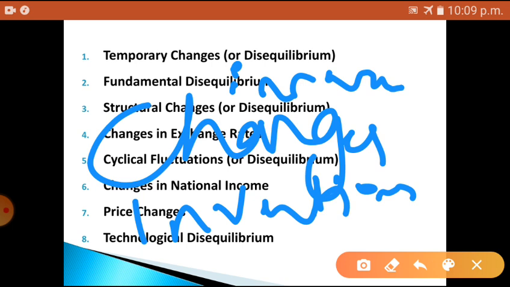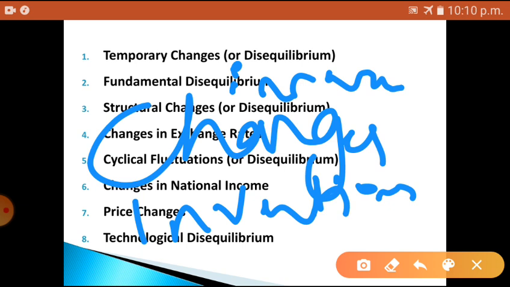The innovation may lead to increased exports if it is a new good, or it may be export-biased, or it may lead to a decline in imports, or it may be import-biased. Thus this will create disequilibrium in the balance of payments, and a new equilibrium will require increasing or reducing imports. So this is about technological disequilibrium.